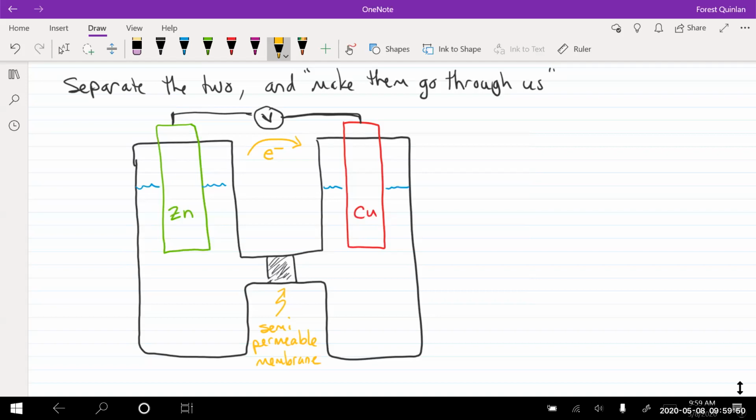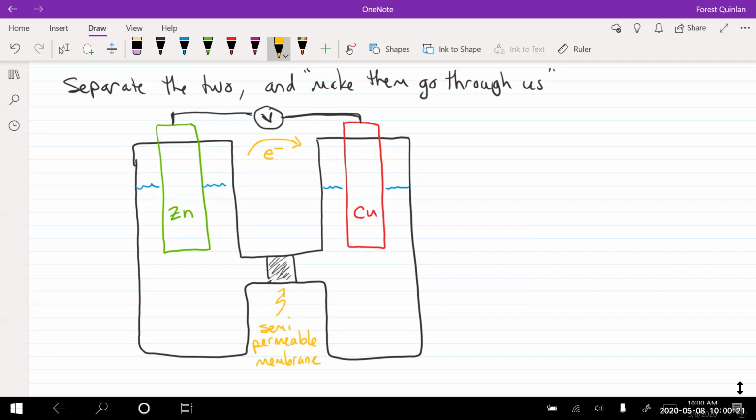Which means we're going to have to start having a charge imbalance. That's not a good thing. Remember when we talked about balancing equations, we always talked about balancing the atoms, but the other thing that is inherently balanced too is the charge in any system. We talked about it in Chem 120. If you were to go get a bucket of seawater and you were able to separate out the positives and negatives, you would find out that you have exactly the same number of positives and negatives.